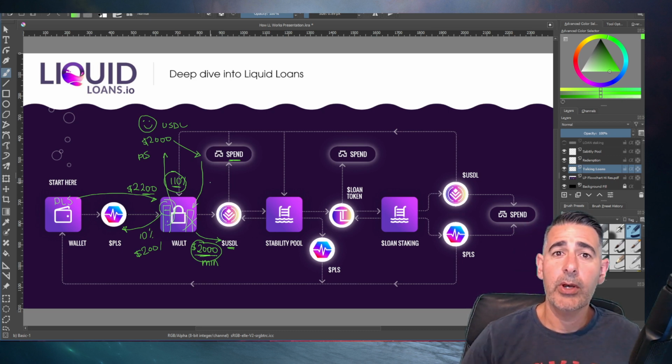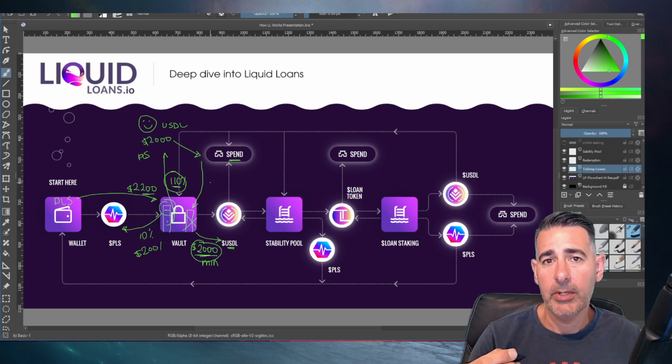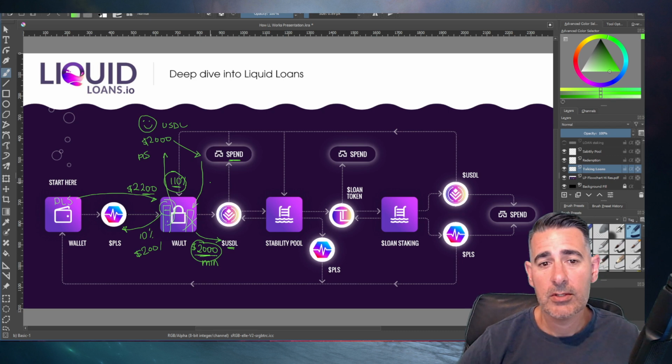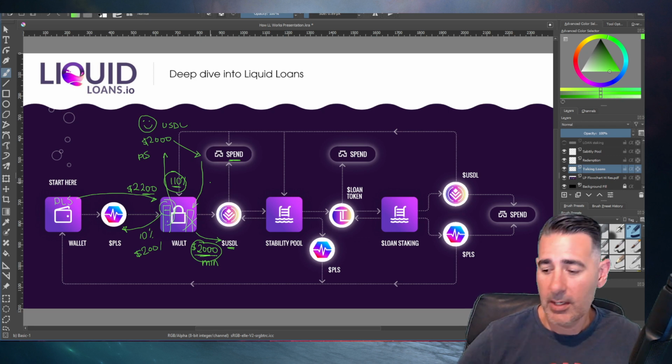That's good for the overall health of the system, and it protects your individual vault from becoming one of these risky vaults. So you'll understand that the system encourages people to act in the right way to protect the value and the solvency of the system, and more importantly, to maintain the $1 peg of the USDL.